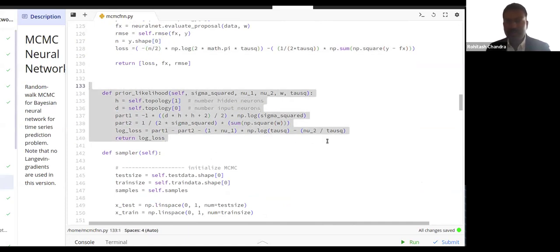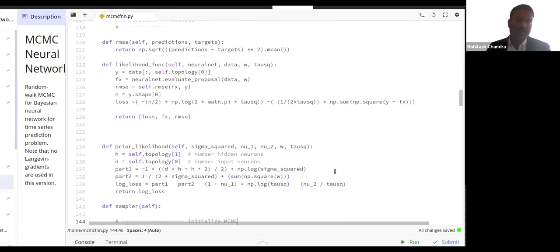Very similar. The prior is there, similar to the other case, almost the same as in the linear model, except that we have this number of hidden neurons and number of input neurons.